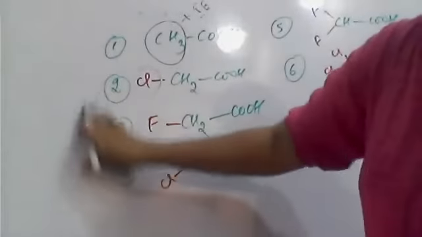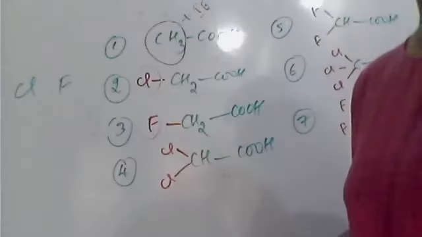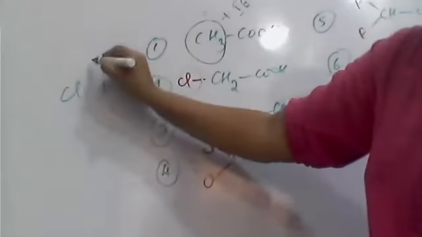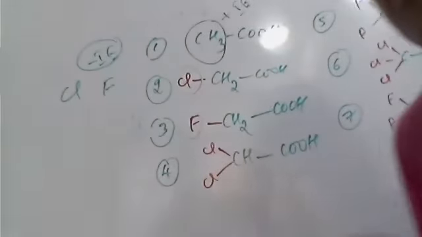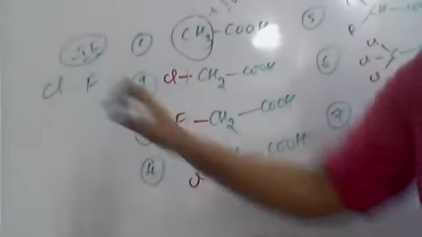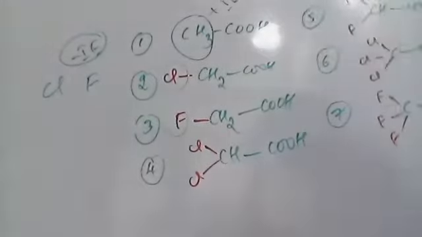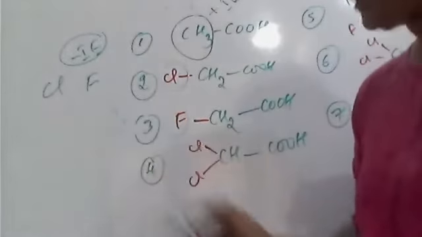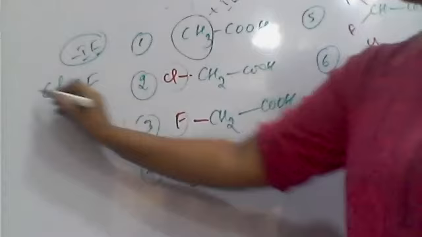Chlorine and fluorine are electronegative atoms. These two are minus I effect groups. And which is more electronegative, fluorine or chlorine? Fluorine. So the electron withdrawing nature of fluorine is more than chlorine.